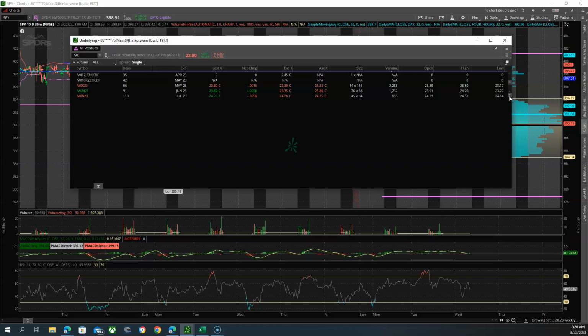And looking even further down, we go back into this contango at 23.30, going back up to 23.80 on the June, and then 24.25 on the July.